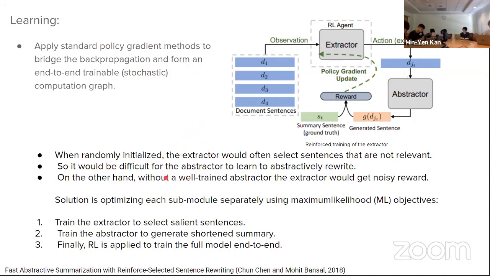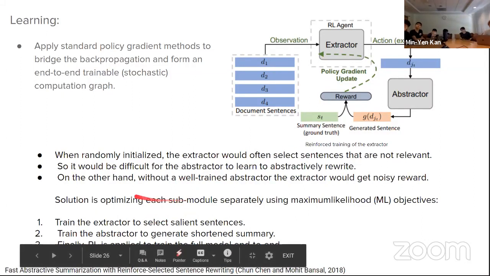As a result, without a well-trained abstractor, the extractor would get noisy reward. So in the end, the system fails. And the solution to this is the thing we just discussed, by optimizing each submodule separately using maximum likelihood.